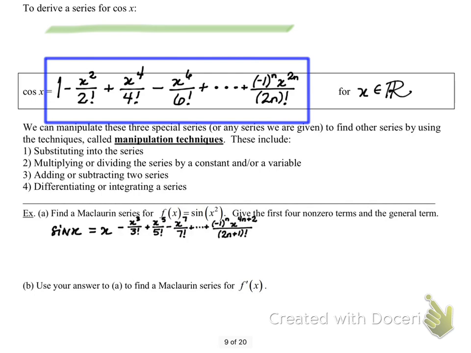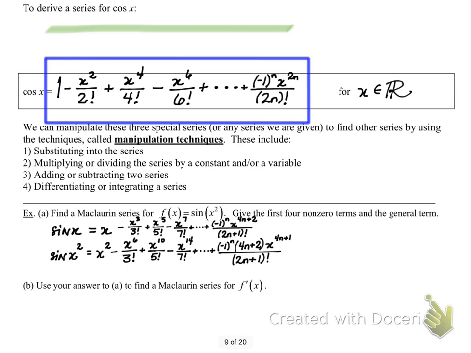So here we go. Here's the Maclaurin series for sine of x, and we are going to replace all of our x's with x squared, and then we will have a Maclaurin series for the sine of x squared. Once you replace x with x squared, you can create the general term. In addition, you can now also integrate the sine of x squared because you have a Maclaurin series for it.